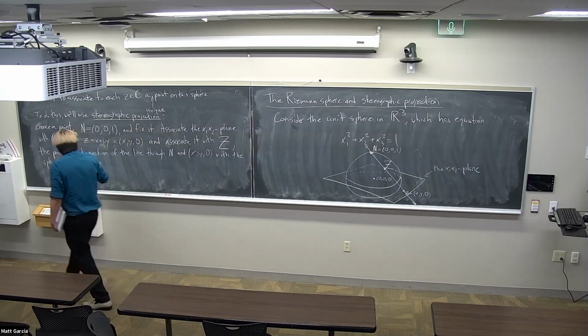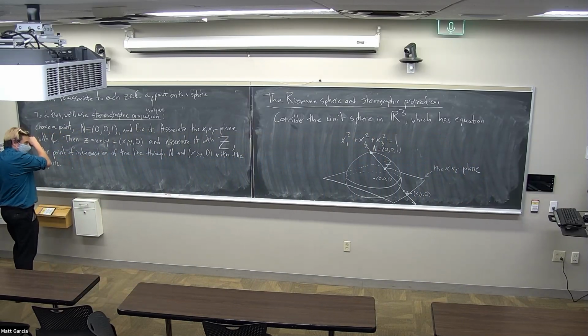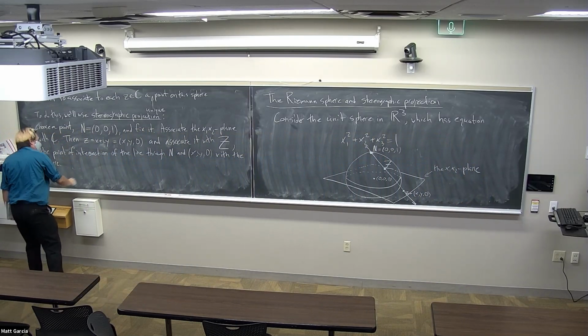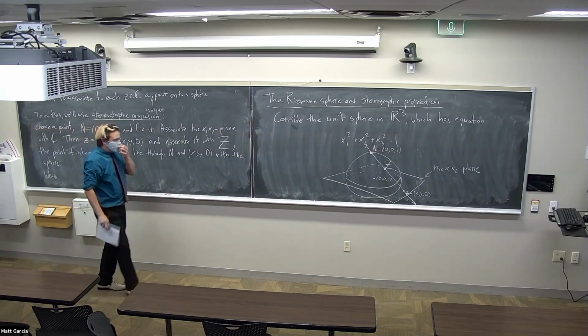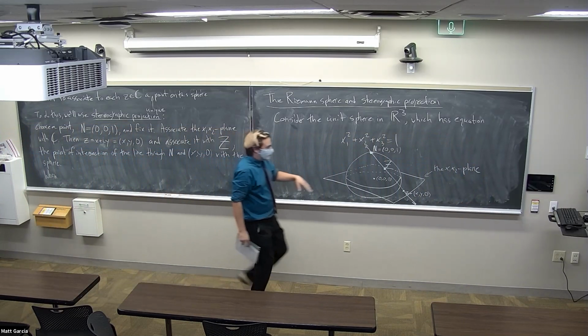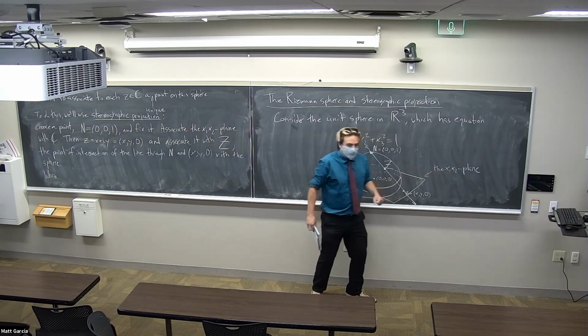Okay, so let me just say, give credit where credit's due here. So we can do this procedure without thinking about complex numbers, right? With just the x1, x2 plane.